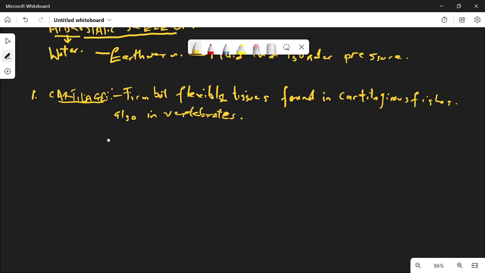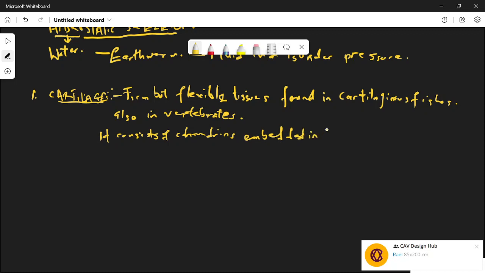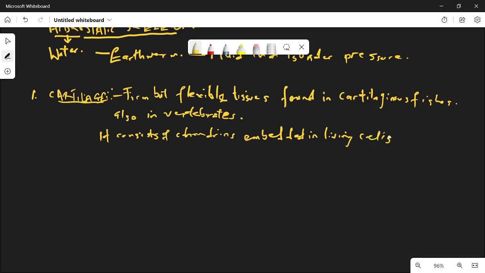So I said they are very rich. It consists of chondrins, which are embedded in living cells called chondroblasts.